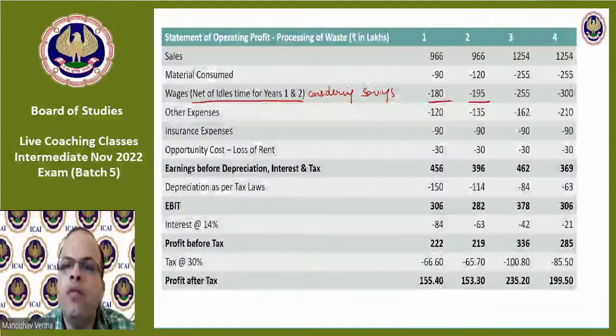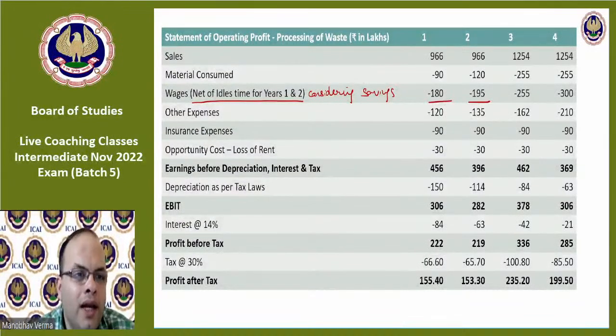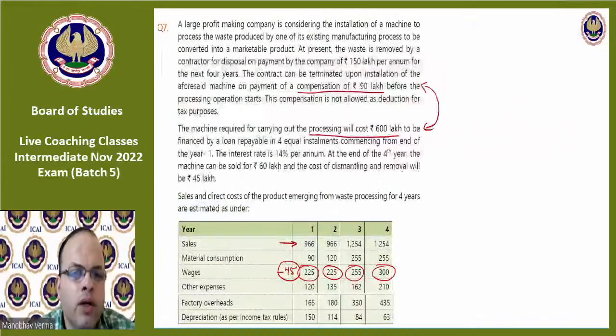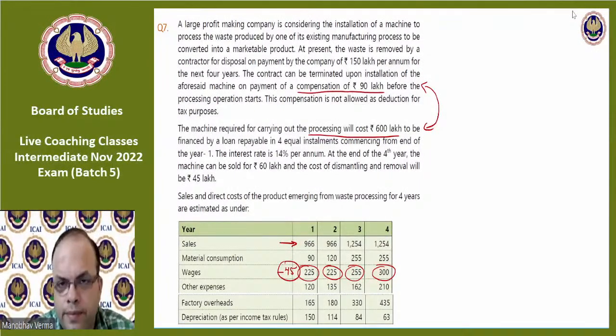So is the case with the factory overheads as well. But the point is, we need to consider this aspect when we are talking about the factory overheads. Can anyone tell me what is the important point here?